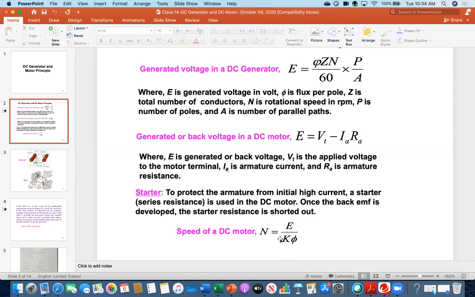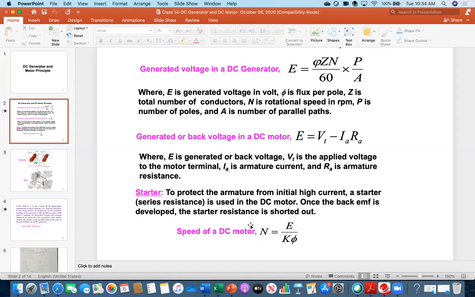Now look everybody, this equation, E equal to k phi n. You see Z over 60 times P by A, because those are constant, I am representing them by k. So here E equal to k phi n. From there I am writing what n is: E over k phi.